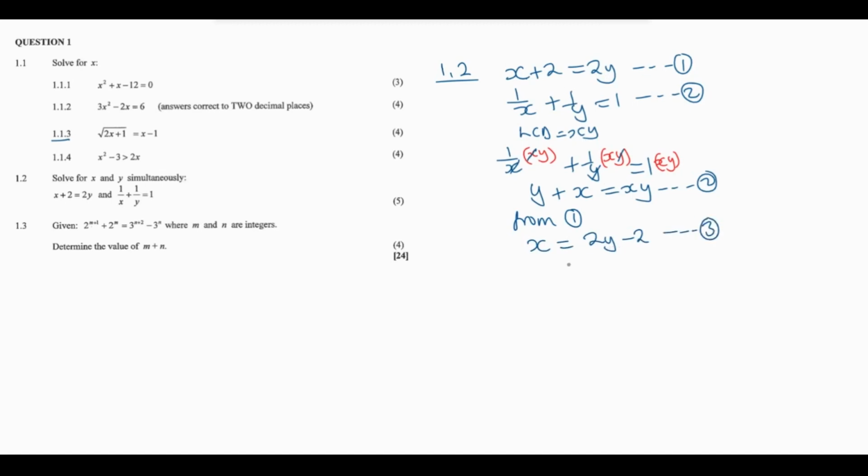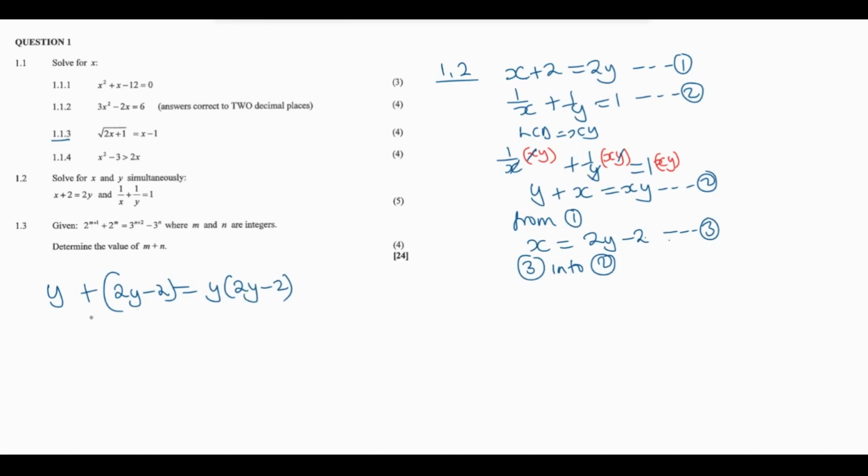Now we can substitute equation 3 into equation 2. Where there's x, we put 2y minus 2. So it's y plus 2y minus 2 is equal to y times 2y minus 2.